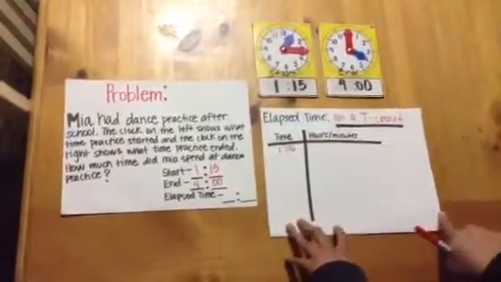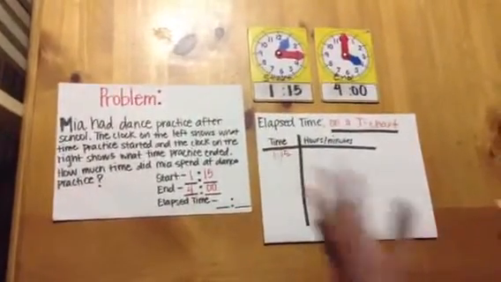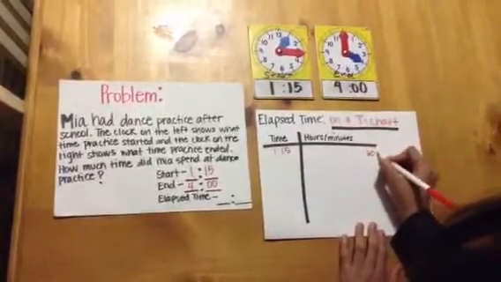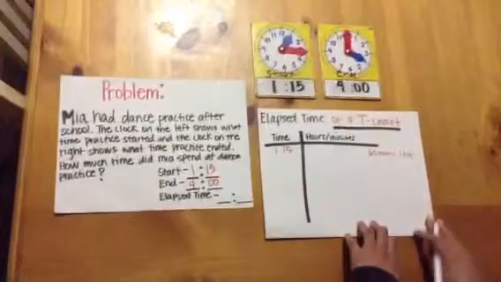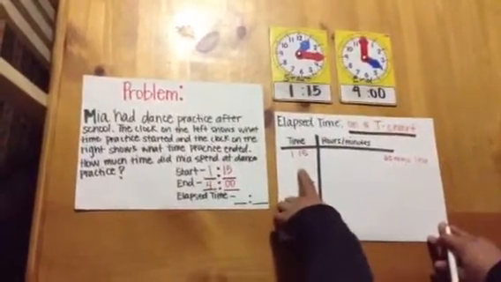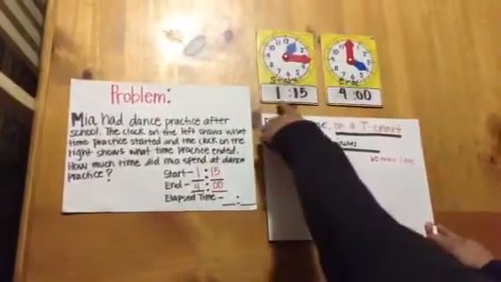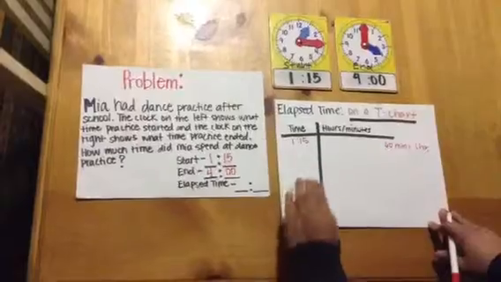Now remember, we are regrouping in base 60. Again, why 60? Because there are 60 minutes in 1 hour. So, the next time that we can move forward to is the next hour. We can't jump from 1 to 4 without counting our steps from 1 to 2 to 3.